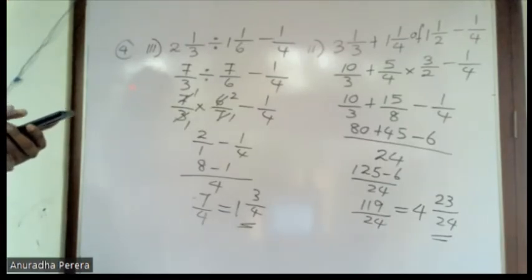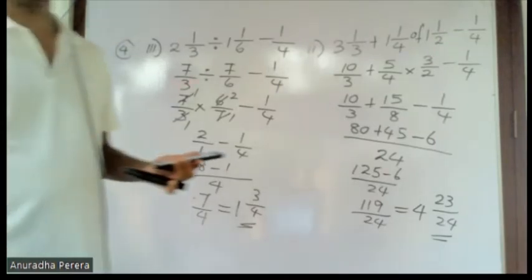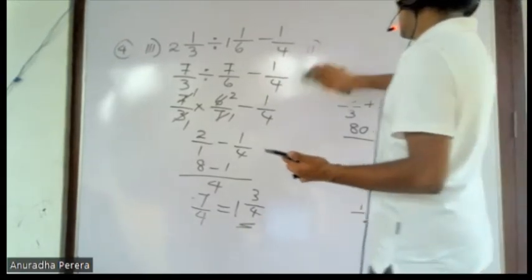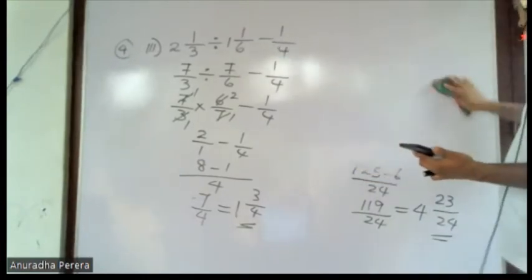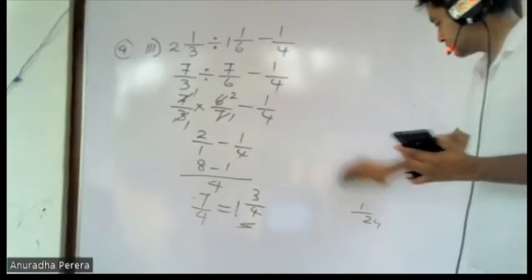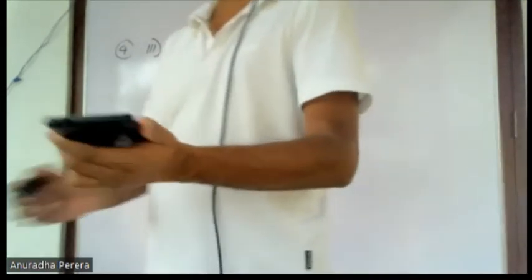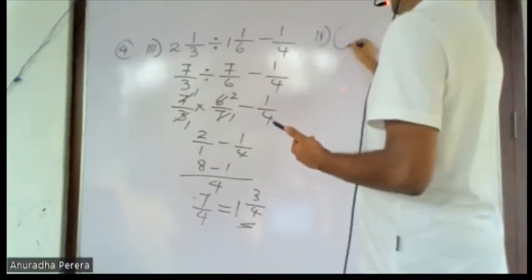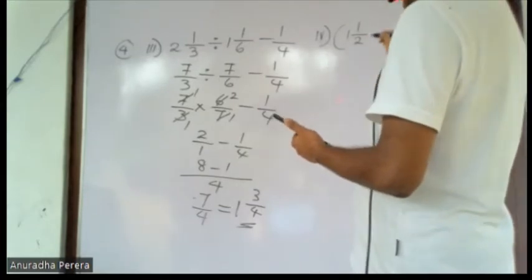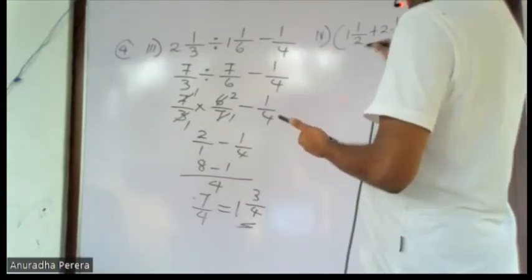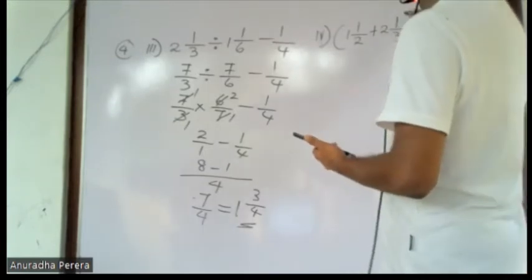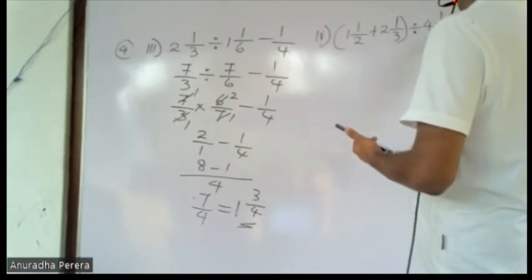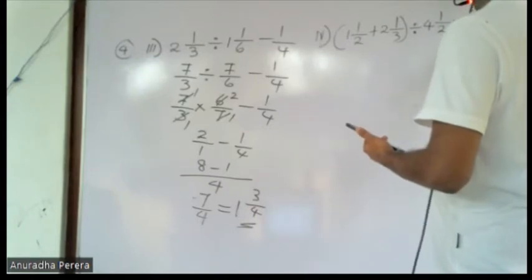The last fraction. One and a half, 2 1 over 3, 4 and a half, 1 over 3.